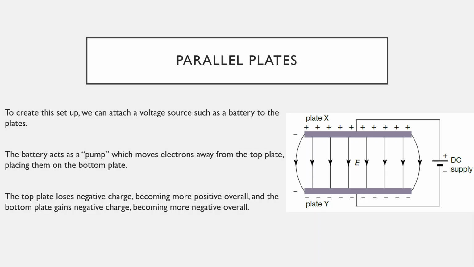Electrons have negative charge. If you remove something that has negative charge, overall you're left with some positive charge. So the top plate becomes positively charged and the bottom plate becomes negatively charged, because that's where all the electrons end up. All right, so that's how you build one of these things to begin with.